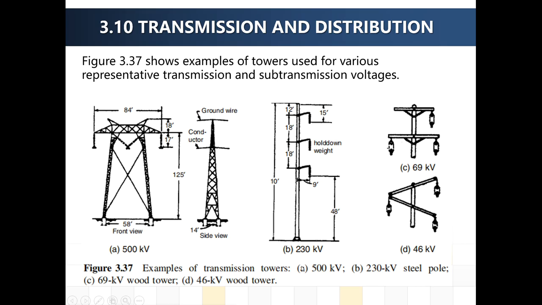Graph B shows the three-phase lines on one tower for 230 kilovolt transmission lines. This is the 230 kilovolt transmission pole. The space is used to prevent arcing from line to line, since all these lines are carried at very high voltages.